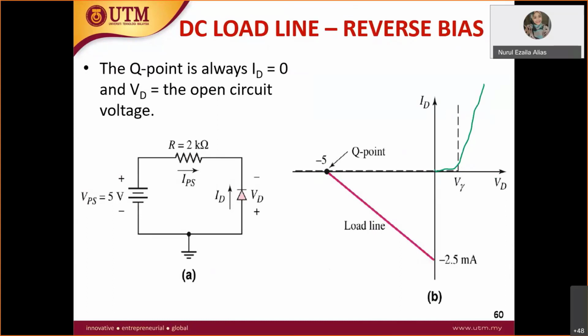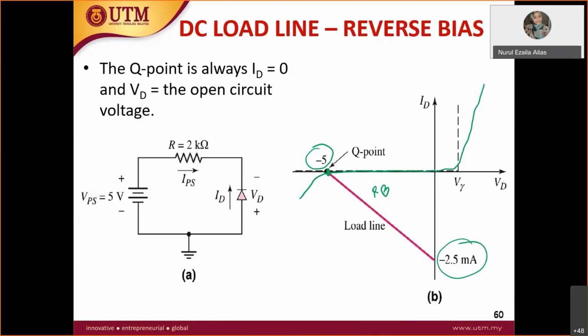For reverse bias, it's 0. So if we draw the load line, it will fix the Q point at the y-axis, which is always equal to the negative value of ID. So this is for the reverse bias diode.